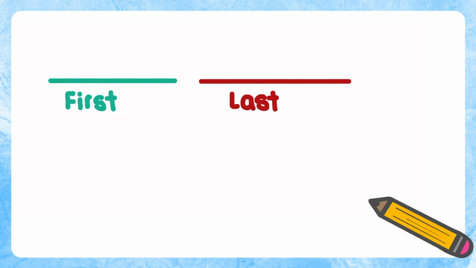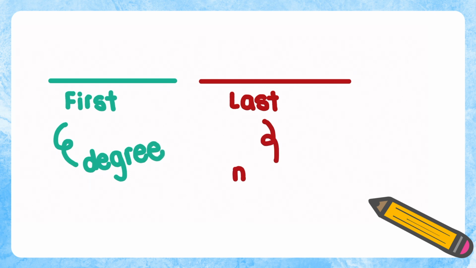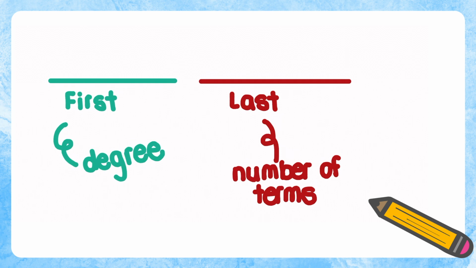So we want to classify polynomials with both the first and last name in order to be specific. You determine the first name by the degree of the expression, and the last name by the number of terms of the expression. Again, you use the degree and the number of terms.